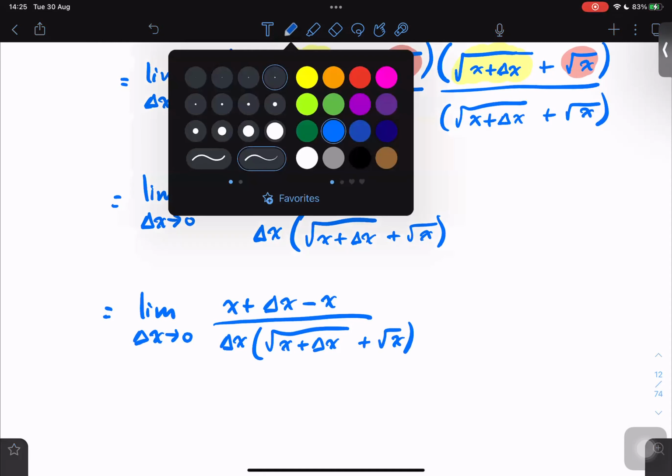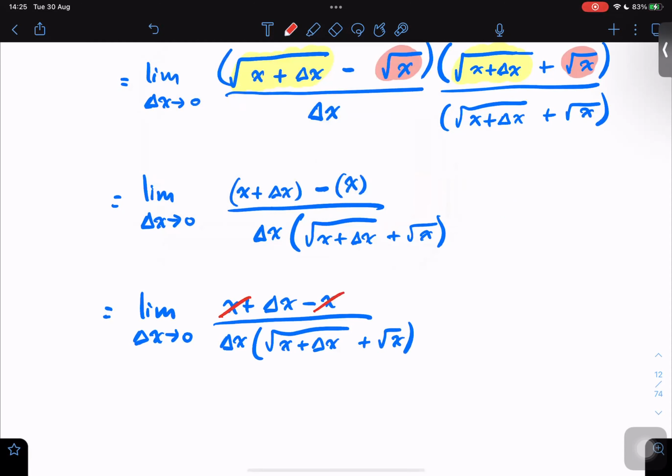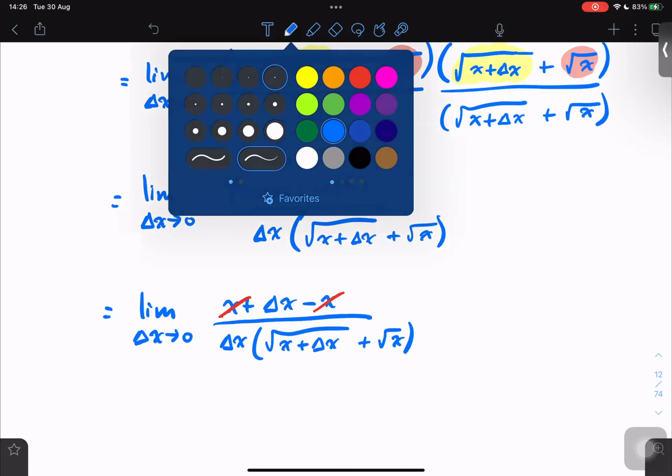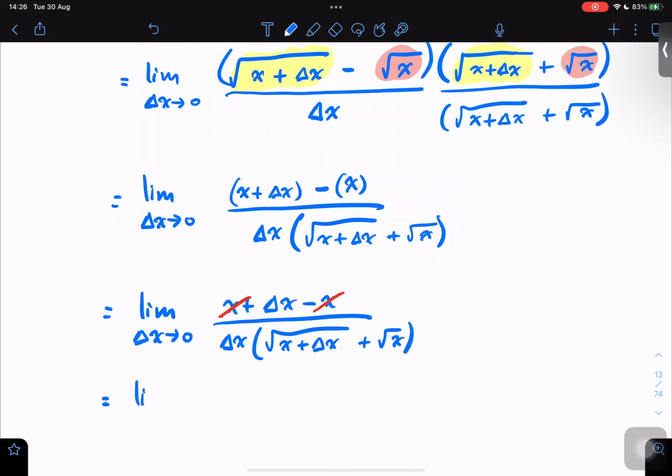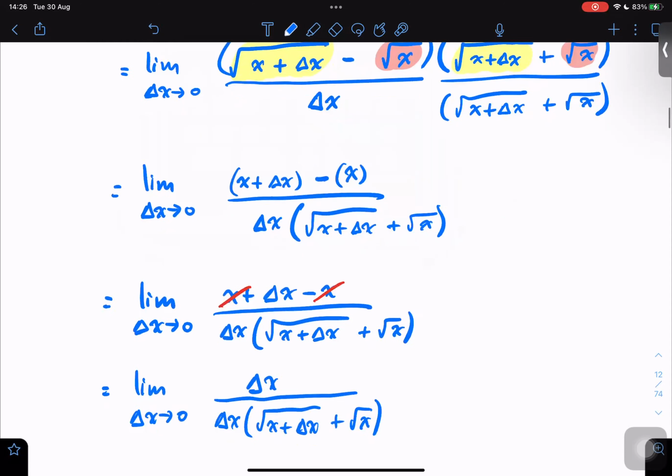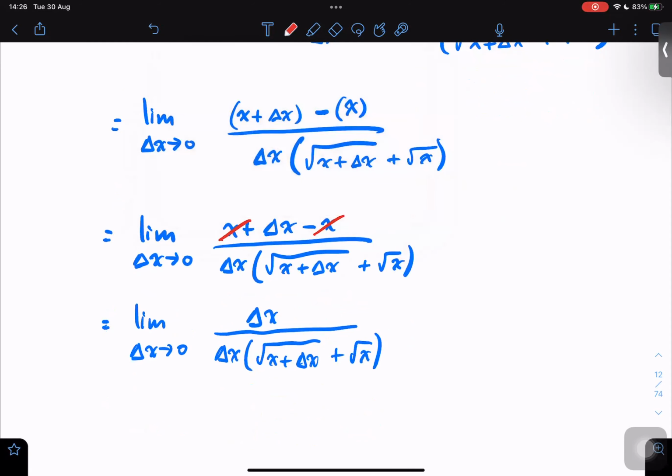The x and minus x cancel each other. You will get the limit of delta x to 0 of delta x over delta x, and delta x also cancels.